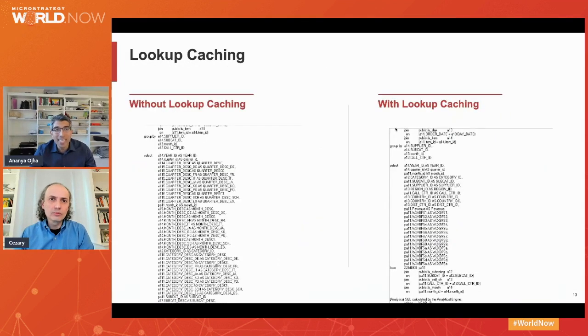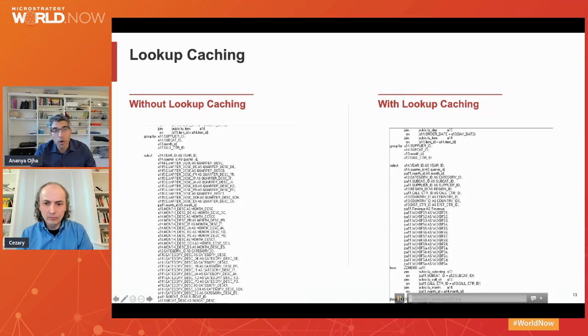Now, what we can see here is that before we publish the lookup caching cube, the SQL is fetching a lot of additional description forms, which generally are largely static, and they increase the amount of data that is being transferred over the network because they are repeated for every row of the fact that we are fetching.